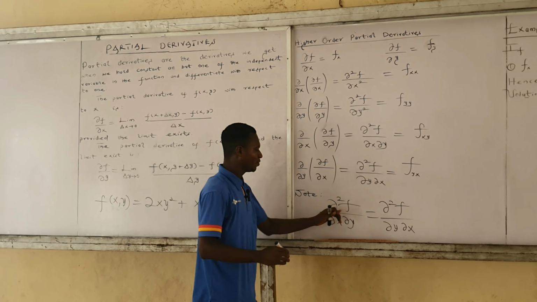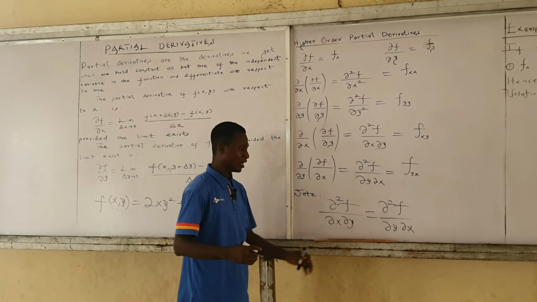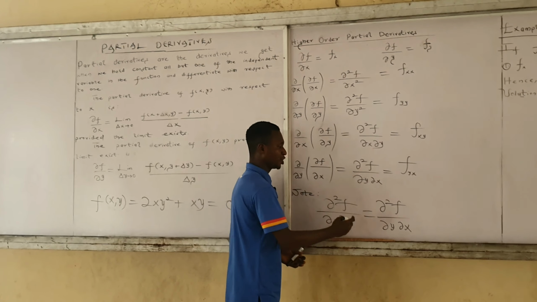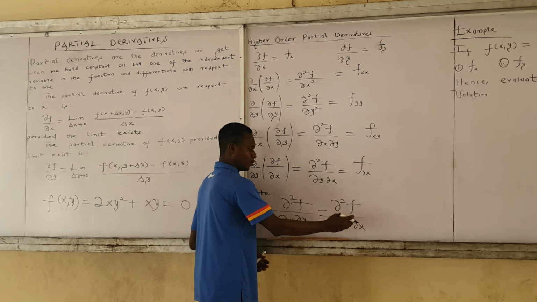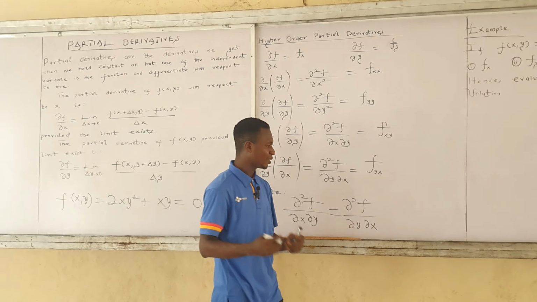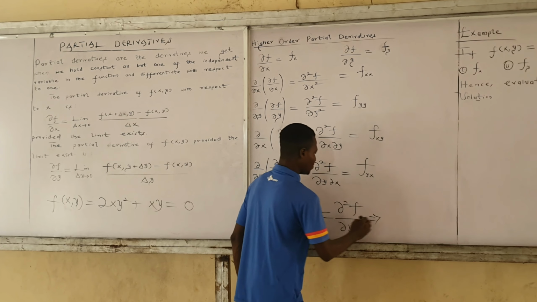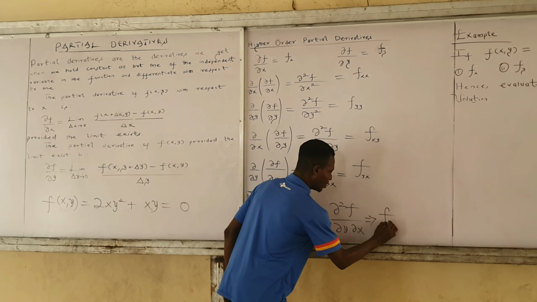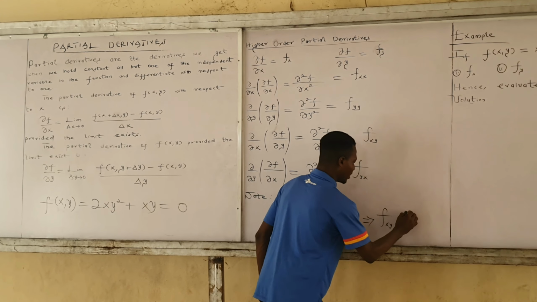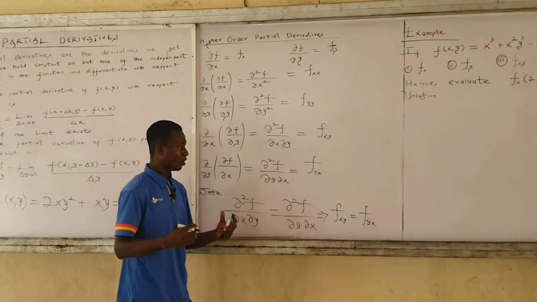So it means that if you differentiate the function with respect to x, then differentiate it again with respect to y, it is the same thing as when we differentiate the function with respect to y first, then differentiate again with respect to x. That is what it means. And this implies that f subscript xy is the same thing as f subscript yx. That is how this works.